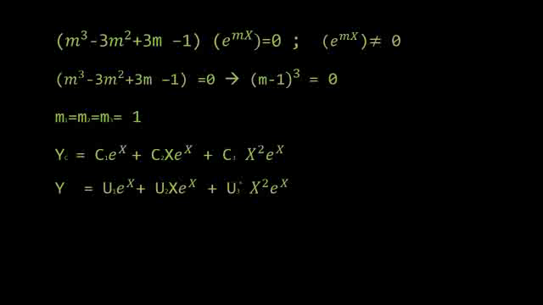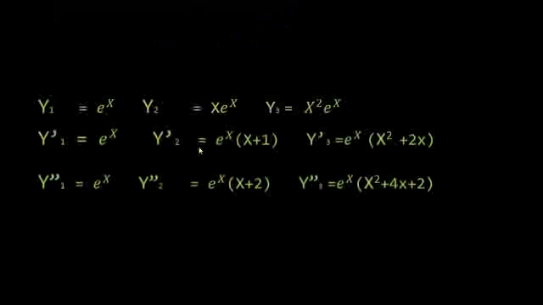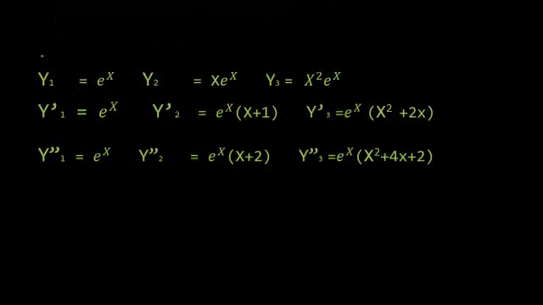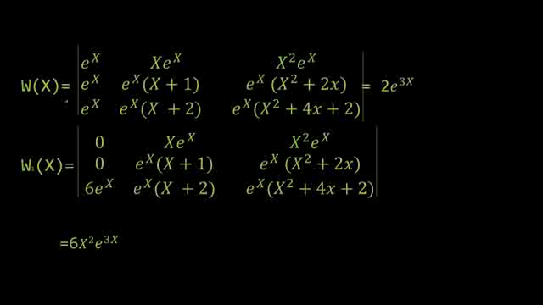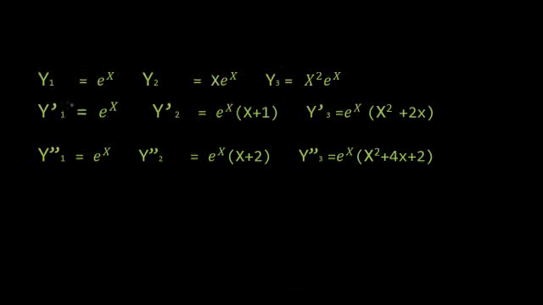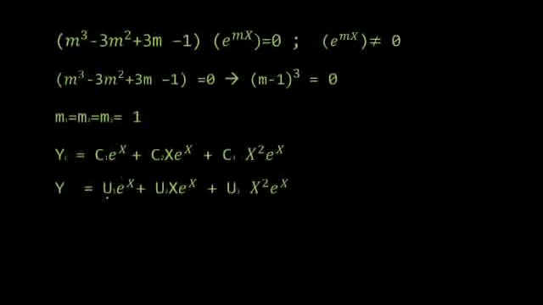In order for us to have a particular solution, we need to vary the parameters. So u1 is just this. In order to find these u values, we need the formula with which we'll find the Wronskians, in order to find a particular solution by means of finding the values of u1, u2, u3.